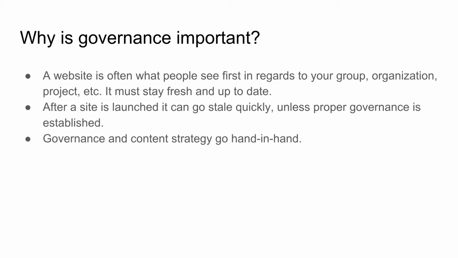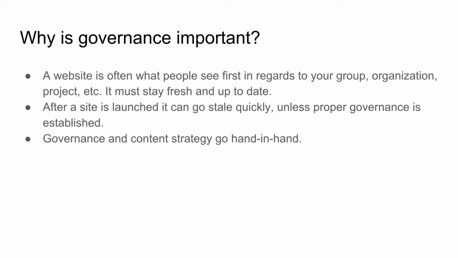Personally, it's more frustrating to me not having the content and the information that I need up there than to have a visually unpleasing design or anything like that. So content is really the most important thing, I would say. So after a site is launched, it's kind of shiny and new. People are very excited to keep it up to date and looking pretty, and it can go stale pretty quickly or after a certain amount of time.